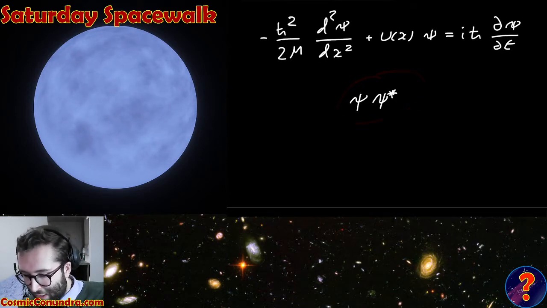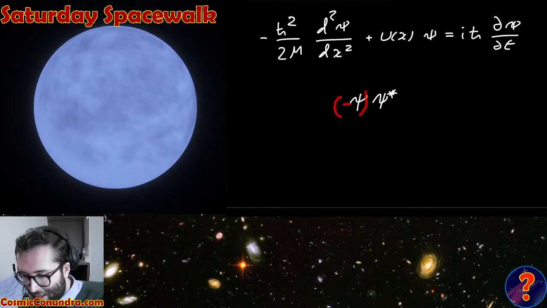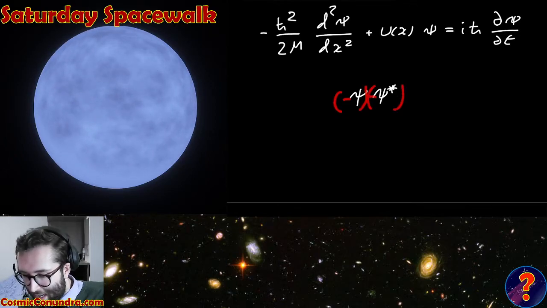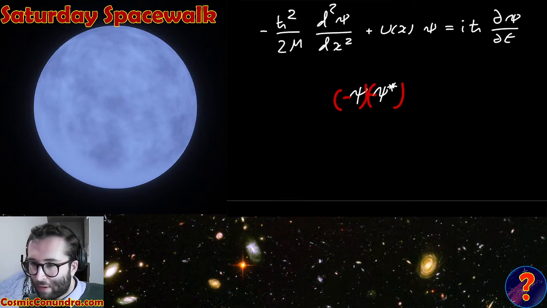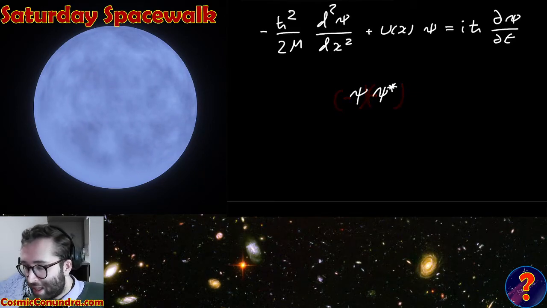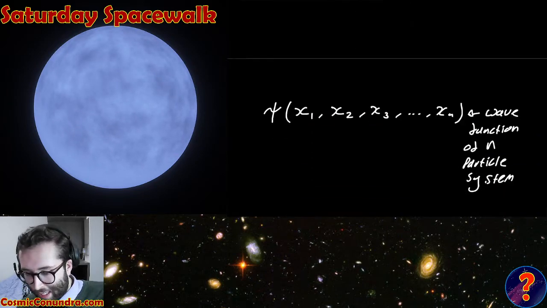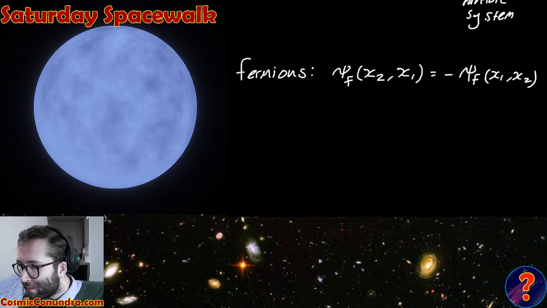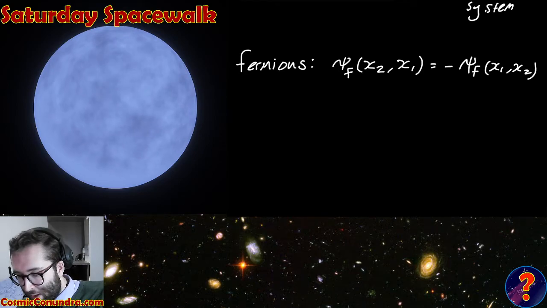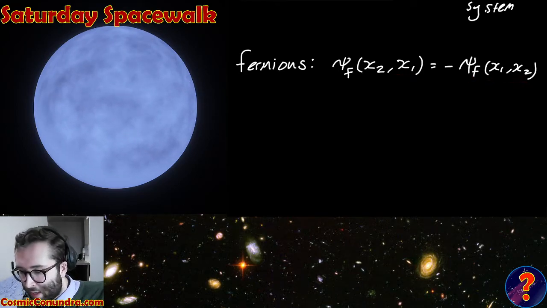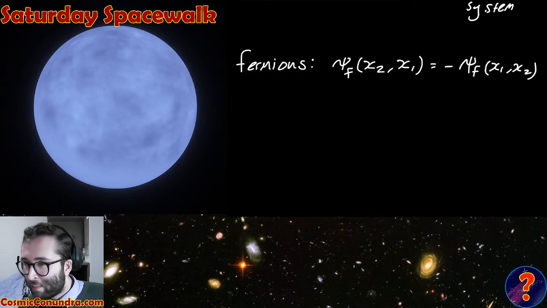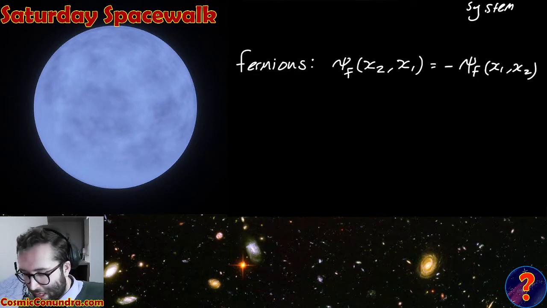So if I include a relative minus sign in here, I'll also include a relative minus sign in here. So these minuses cancel. Just changing the minus sign in front of the wave function doesn't change anything observable, but it actually does have important consequences for fermions. So for fermions, when I switch the positions of two particles in a two-particle system, you pick up a relative minus sign in your new wave function, okay?